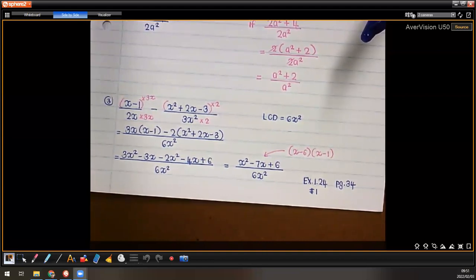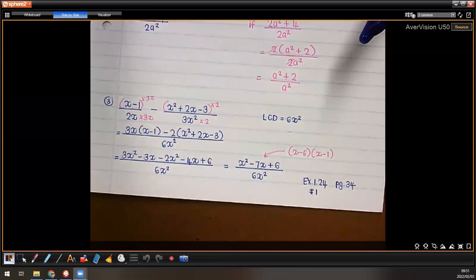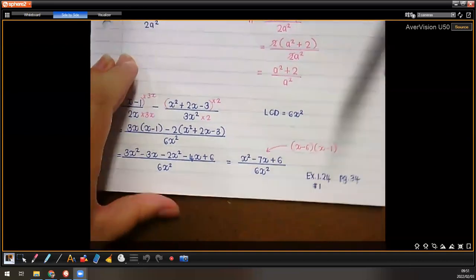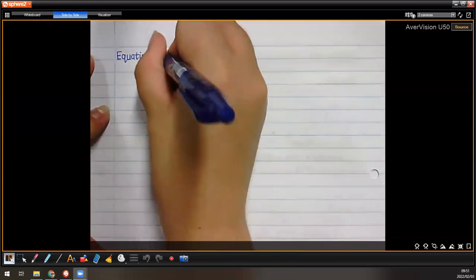I'm just going to do an example quickly to help you get ready for tomorrow. Because tomorrow you need to be able to do grade 9 level fractions. Okay, so the one that I'm going to do now is a grade 9 level one. I'm just going to write here equations with fractions. And I'm going to go quite fast. We only have about 10 minutes. That it should be enough time.